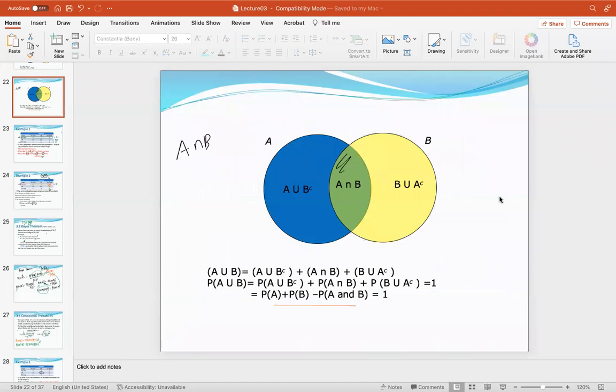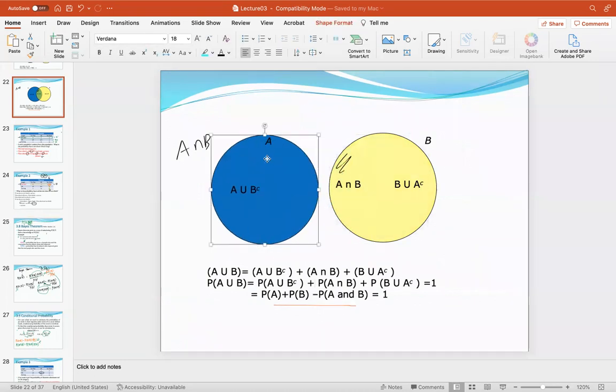So previously we learned about probability, and a student asked me why the equation should be P(A) plus P(B) minus P(A and B). Imagine that if they are individual, and I would like to know P(A or B), I just add P(A) plus P(B).